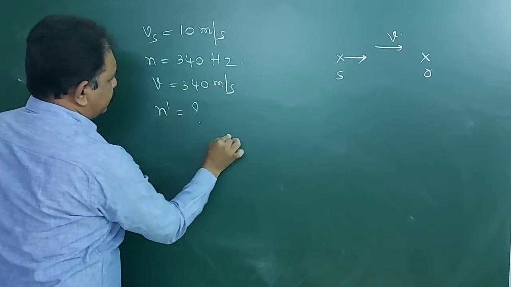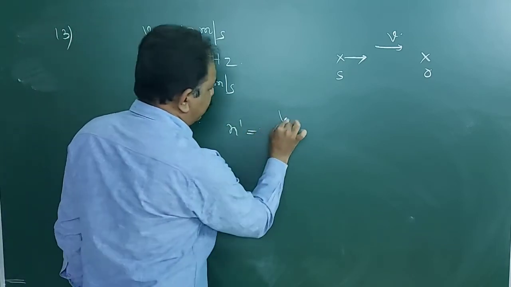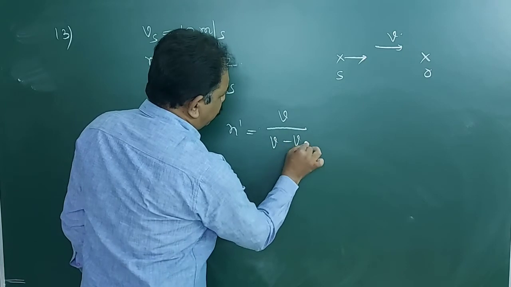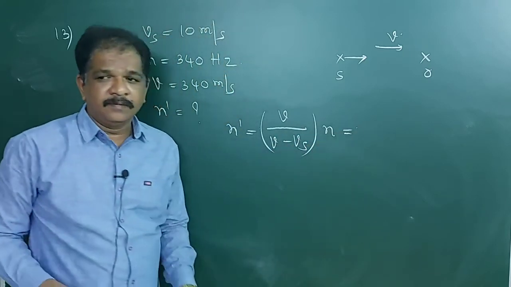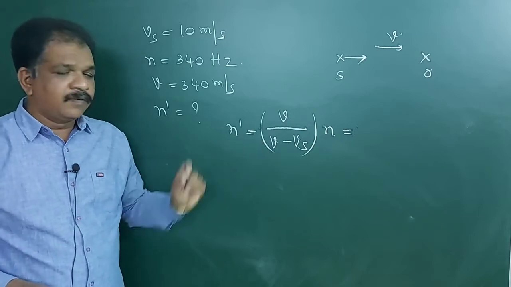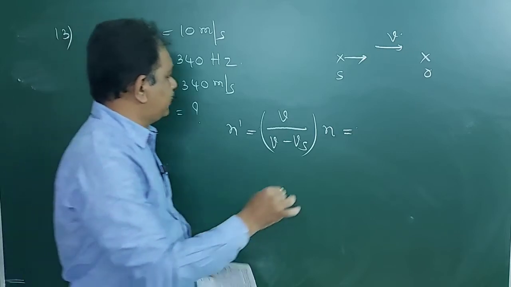This V value is 340. So n dash is equal to, when the source is moving towards a stationary observer, the formula is V by V minus Vs into n. Already we discussed these formulas in the synopsis. Try to check that.